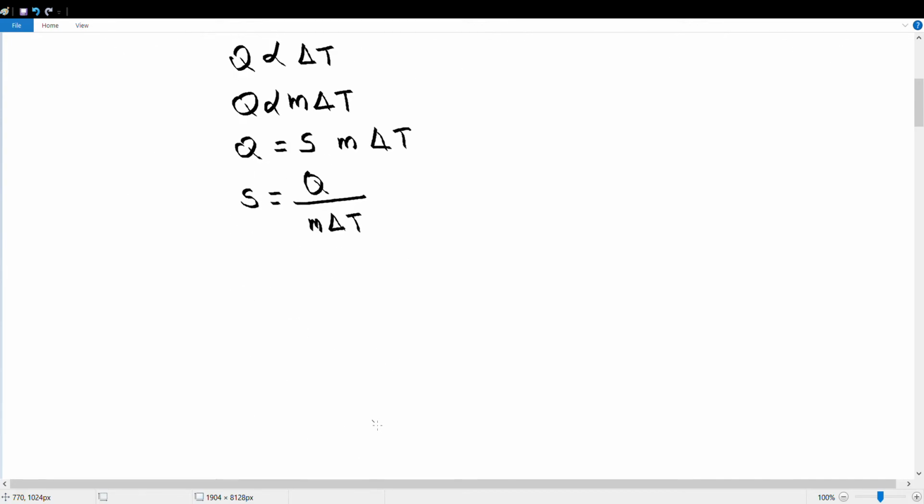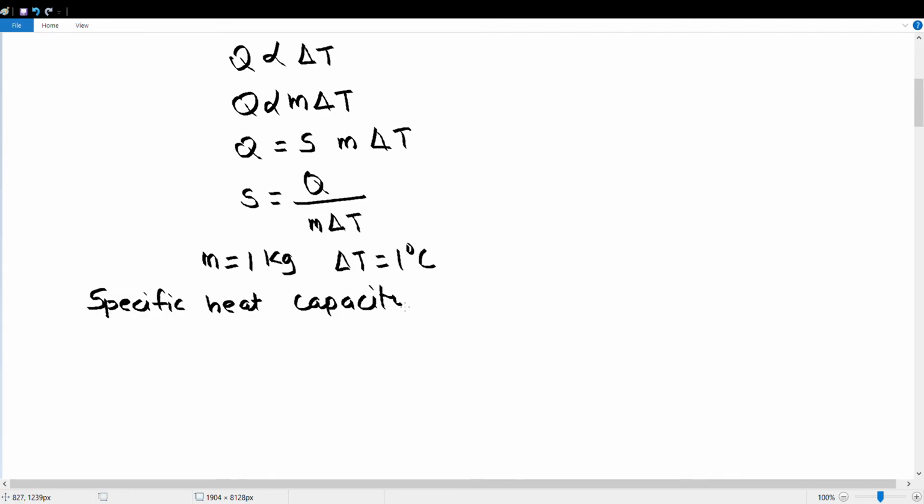Now, if the mass of the substance is unity, or 1 kilogram, and if the change in temperature is also unity, 1 degree Celsius, then the specific heat capacity of a body is defined as this Q. What is this Q?